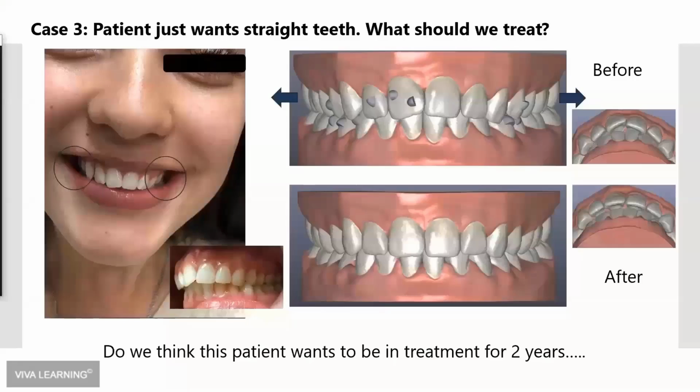So in this particular case, the patient decided to align the anterior segment. Obviously, we have the advantage of root control attachments, and that will help us upright the roots of the centrals and give a better alignment without too much of the posterior segment interaction.